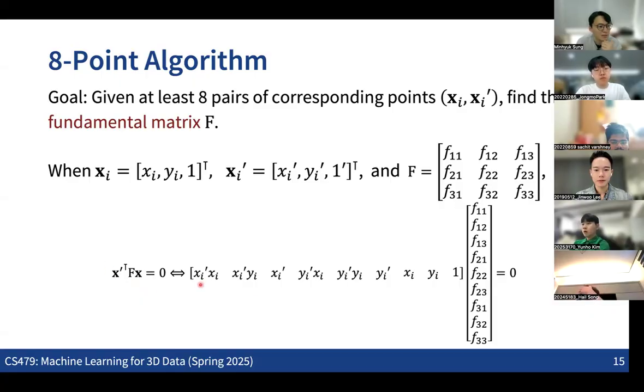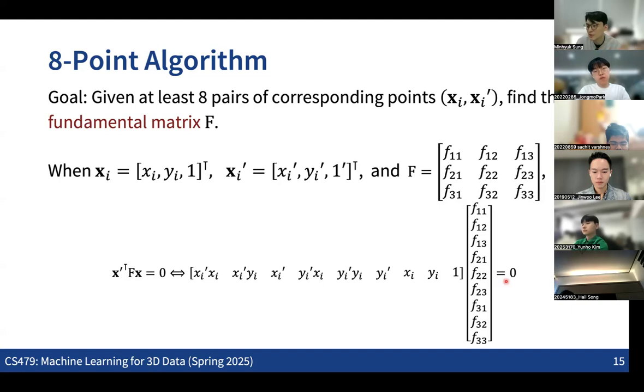So similarly to the linear transformation, we are making a homogeneous linear system for each pair. Every single pair of 2D points makes one homogeneous linear equation like this.